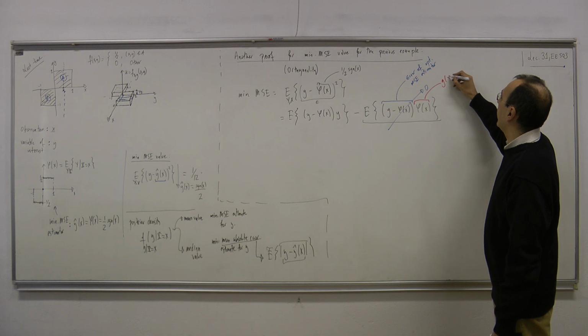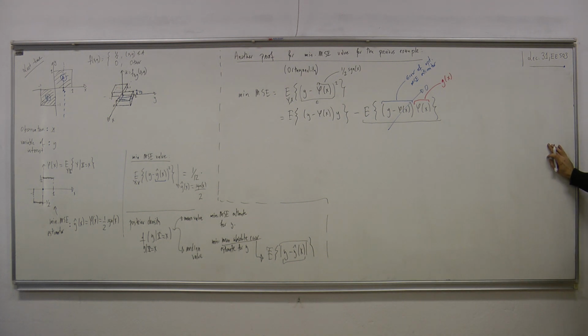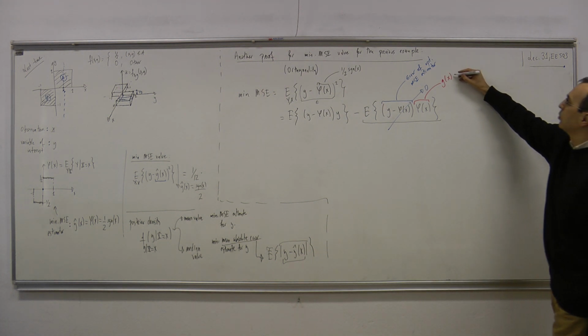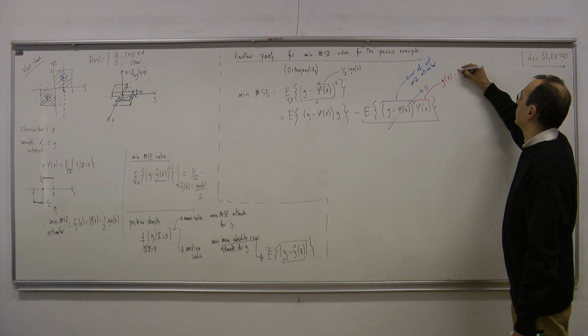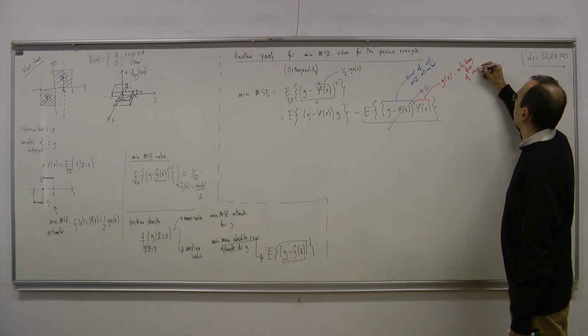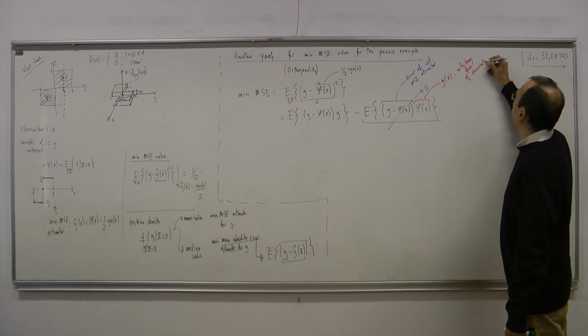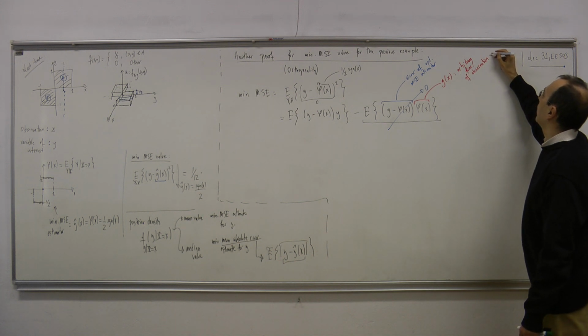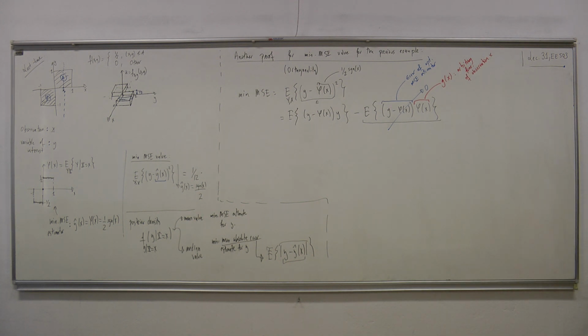Do you remember we were defining g of x, an arbitrary function of observations? If I have multiple observations, this will be an x vector, but I have a single observation x here.